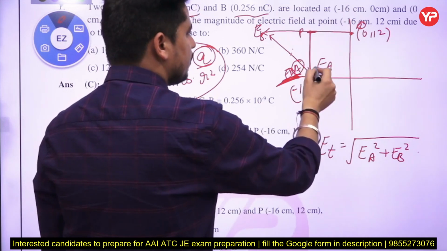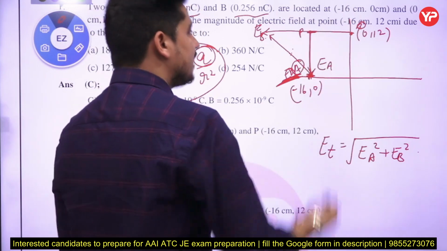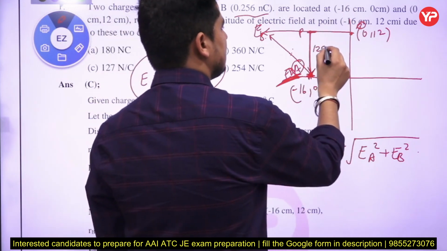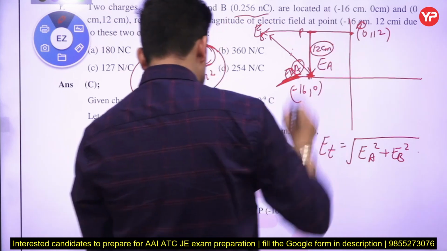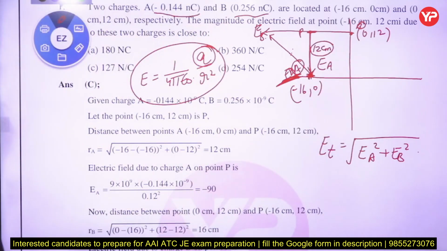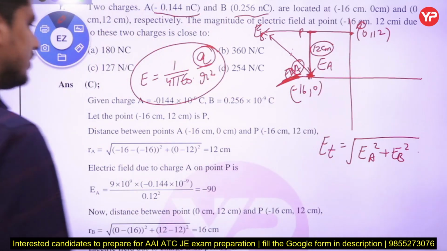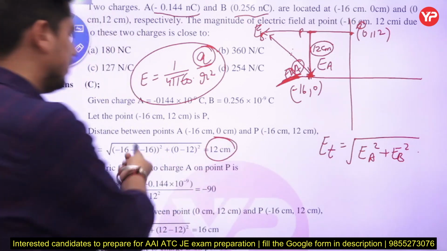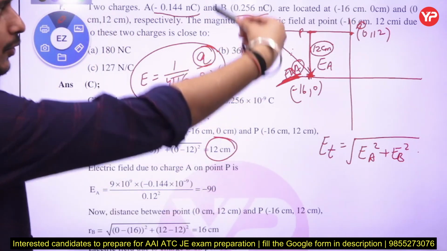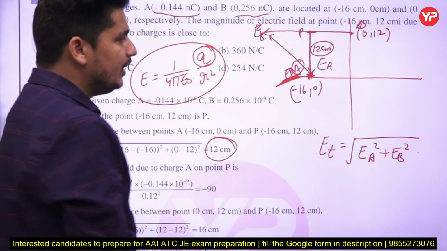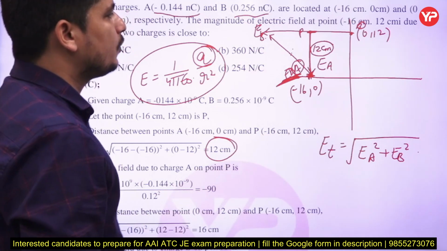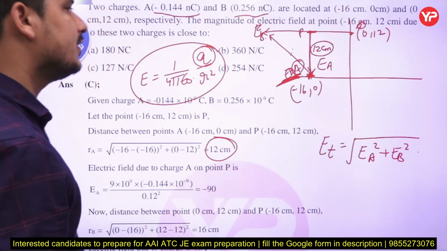That distance is 12 centimeter. Either you can use the distance formula, or if you draw this figure, you can easily check the distance between point P and point A.